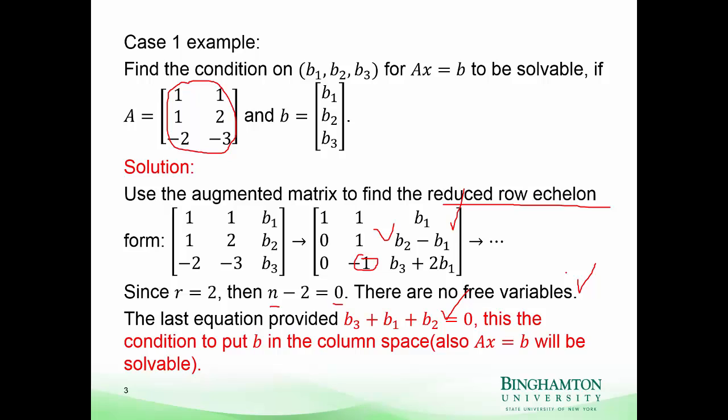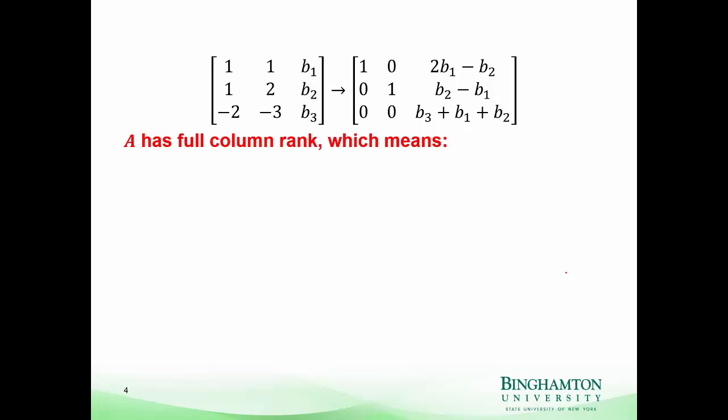So that defines a two-dimensional plane in the three-dimensional space, and any b that lies on that plane will give us a solution to this. So here we're showing that a little bit further reduced, and this is the complete reduced row echelon form. We see that we have two pivots.